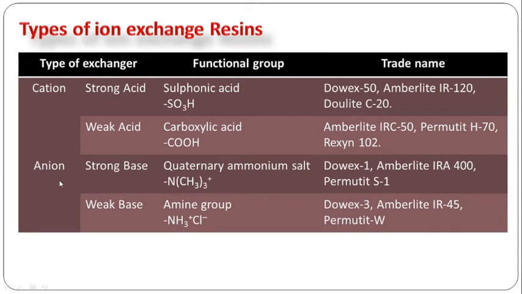For anion exchangers there are again two types: strong base exchangers, which contain a quaternary ammonium salt as the functional group, with trade names like Dowex 1, Amberlite IRA 400, Permutit S1. Weak base resins contain an amine functional group, that is primary, secondary or tertiary amine, with trade names like Dowex 3, Amberlite IR45, Permutit W.